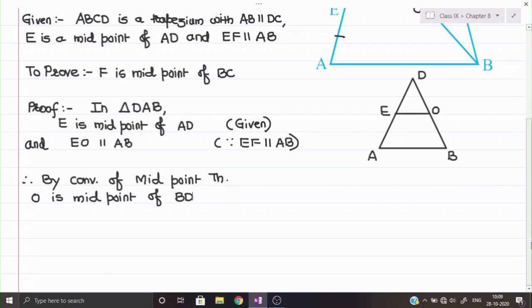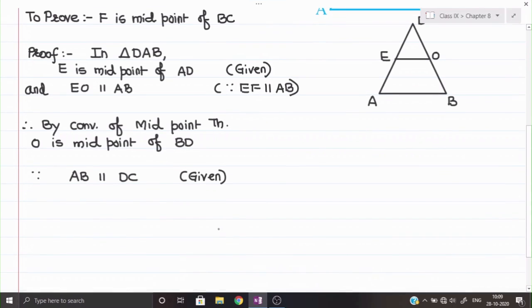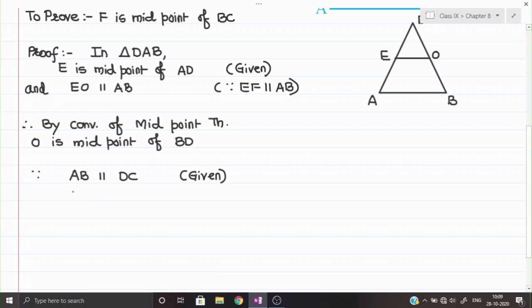So now we shall write down in the solution further. Since AB is parallel to DC, how can we say? That is given in the question. Second, AB is parallel to EF.